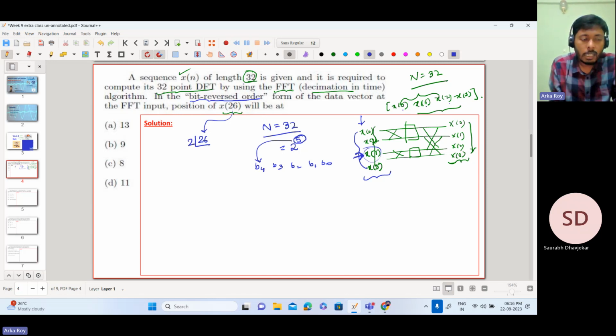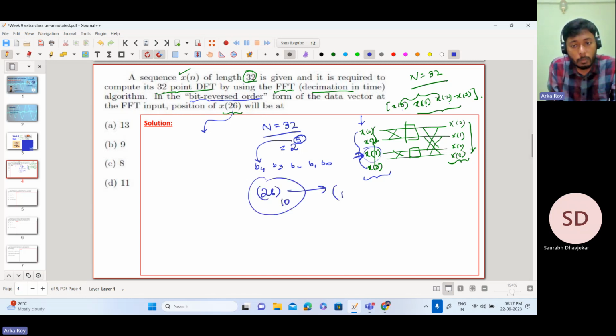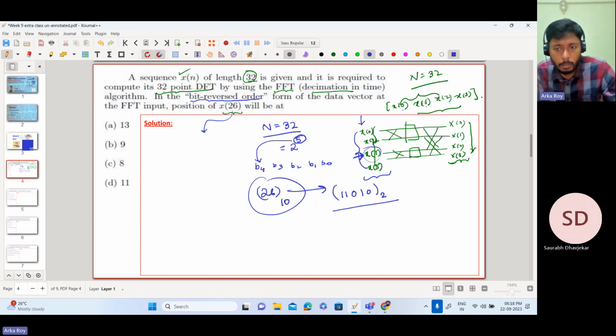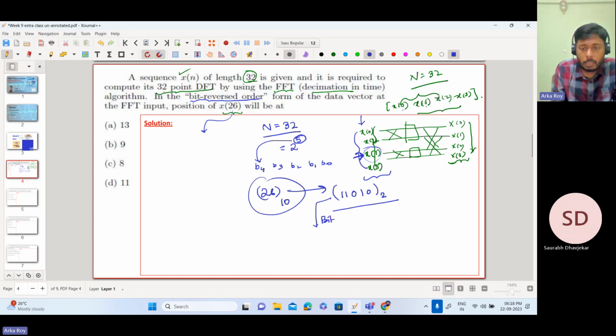So let's convert into the binary representation. Now it is in decimal representation, 26, which in binary is 11010. Binary representation is basically using 0 and 1, so the suffix will be 2. Now we do the bit reversal, which gives 0, 1, 0, 1, 1. This is still in binary format.